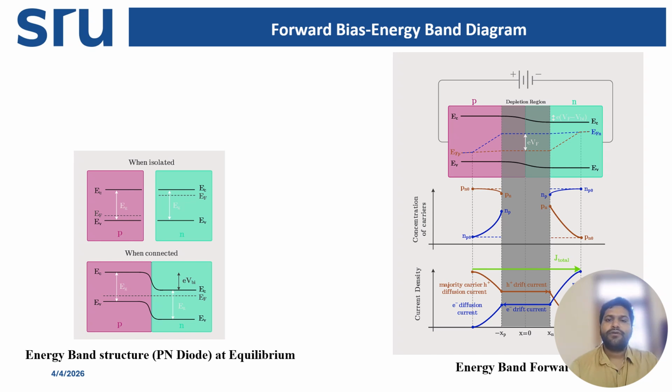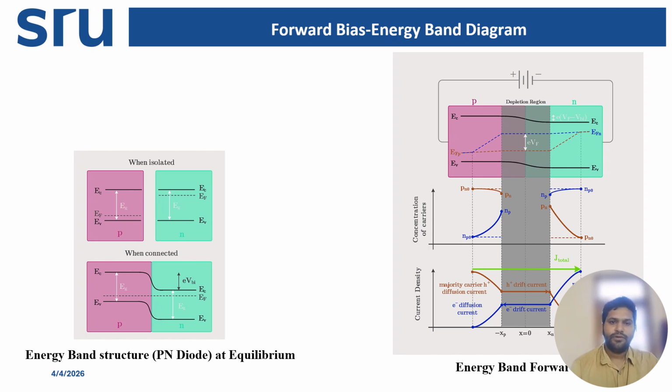This means electrons in the conduction band of the n-type side need less energy to cross into the p side. Similarly, holes from the p side can easily move into the n side, so the reduced barrier allows charge carriers to cross the junction very easily. Under forward bias, the device is no longer in equilibrium.